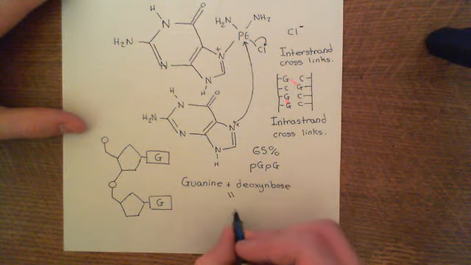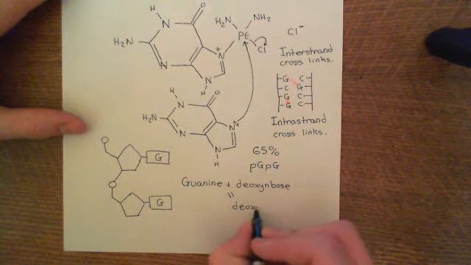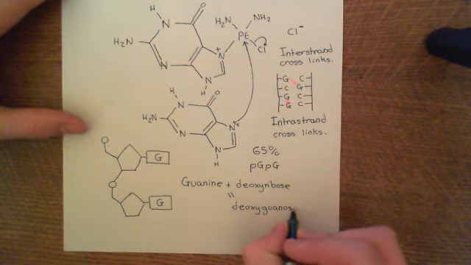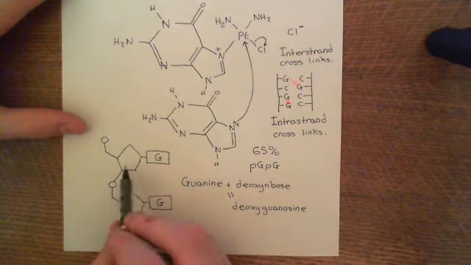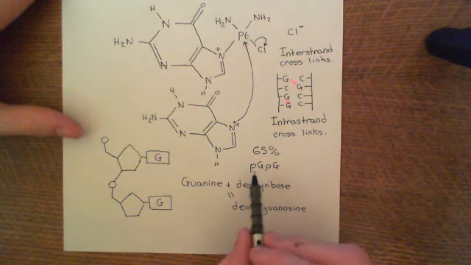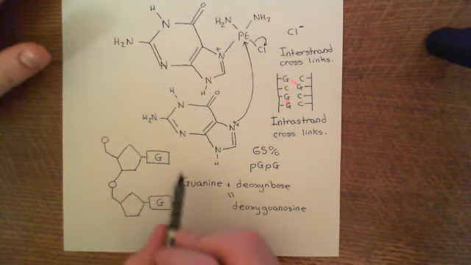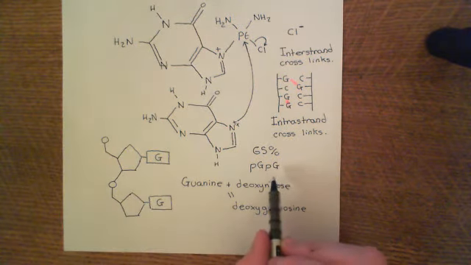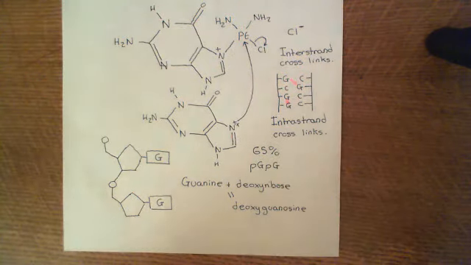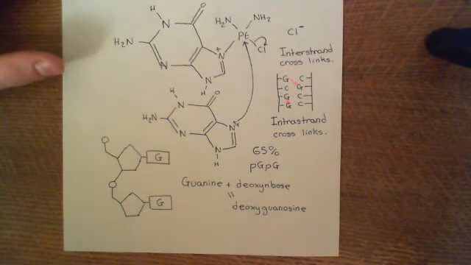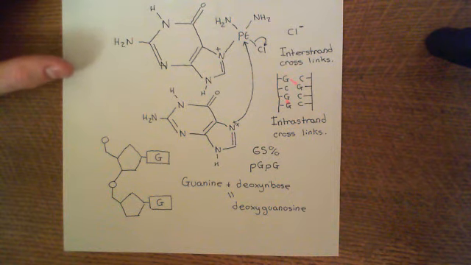Strictly speaking, it would be deoxyguanosine, but you'll find people often refer to that as guanosine. Guanosine strictly is ribose bound to guanine rather than deoxyribose. However, that's really what it means here. It means you've got a phosphate followed by a deoxyguanosine followed by another phosphate followed by another deoxyguanosine. So you find that 65% of the intra-strand crosslinks formed by cisplatin are when you have two consecutive guanine organic bases within the DNA strand.